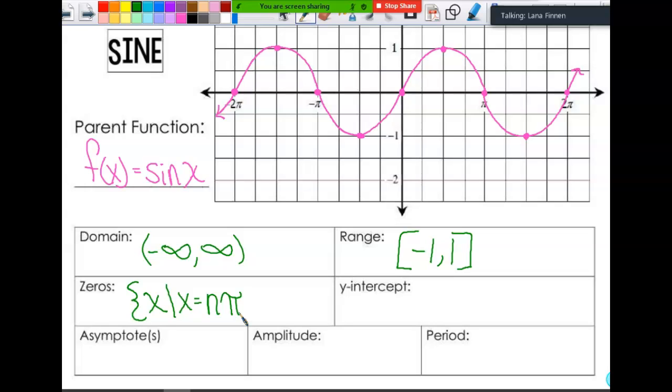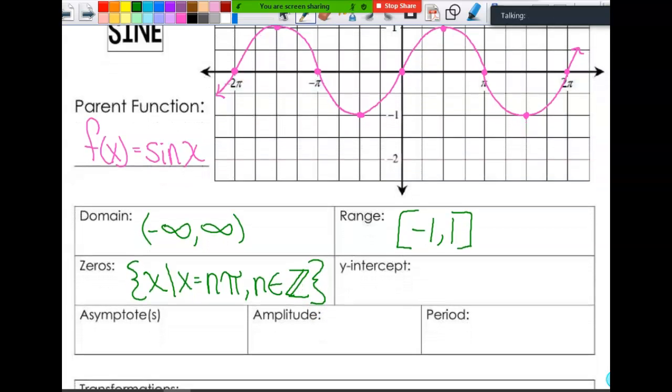It has to be a whole number, but not only a whole number, it could be a negative number. So then that's when I say where n is an element of the integers. Okay? It's a set of all x's such that x is equal to n times pi, where n is an element of the integers.